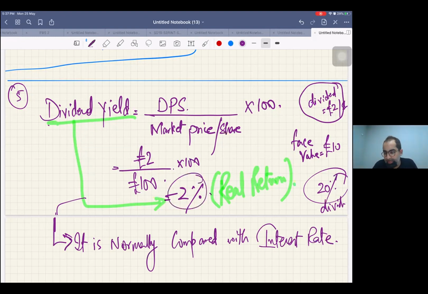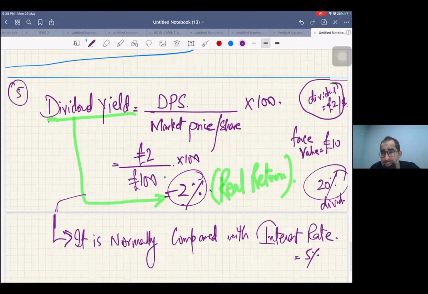For example, if the interest rate is 5% and the dividend yield of the share is 2%, you don't need to cry, because you will earn one more thing, the capital gain. In fixed income you don't have any capital gain, but in ordinary shares you enjoy not only the dividends but also the capital gain. Okay, right? So I hope you got the point.